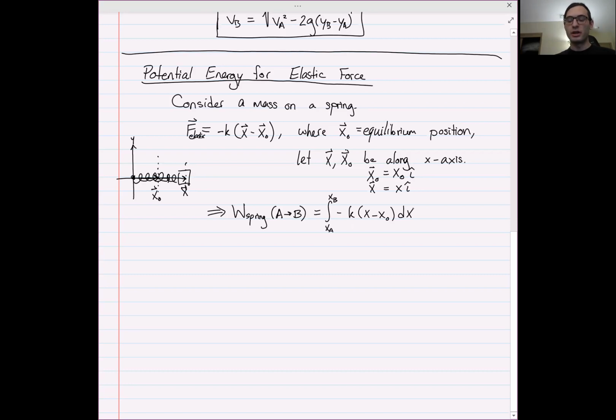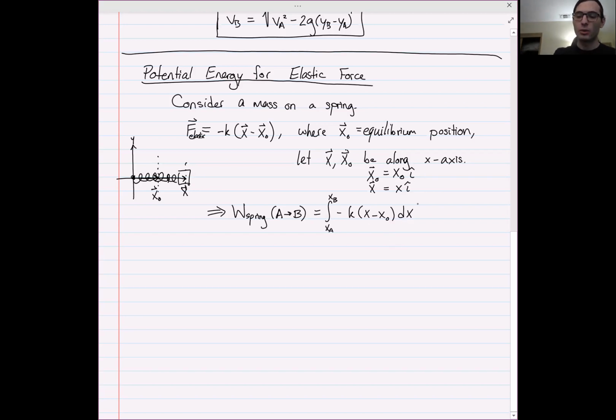The path goes in the x direction, so the dl part is i hat dx. The coordinates go from xA to xB, and the force is in the same direction as dl, the i hat direction.